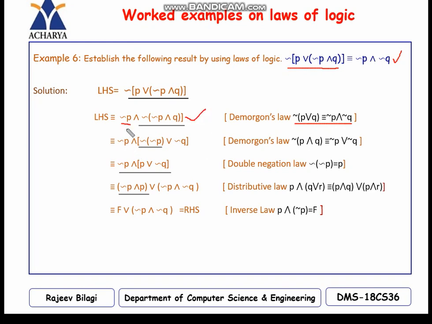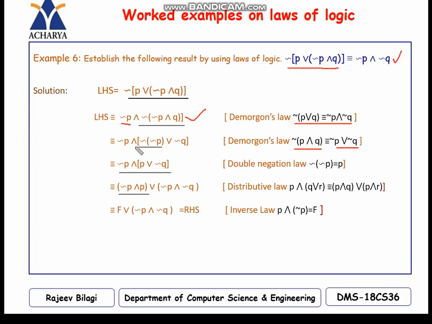So next step, again I am going to apply De Morgan's theorem on this. This is of the form ¬(P ∧ Q), so it would be ¬P ∨ ¬Q.